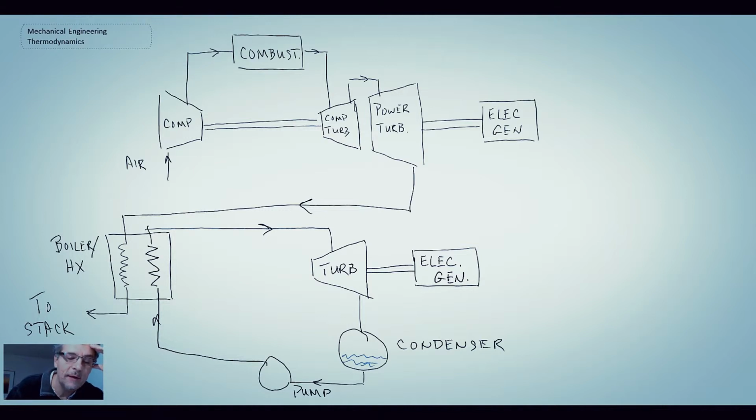The upper half, this is our aeroderivative gas turbine engine. And you can see in comparison to a gas turbine engine that might be on an aircraft, one difference is that we have this power turbine. And the power turbine is where we get additional expansion coming out. And then the work produced from that goes directly into electricity generation.